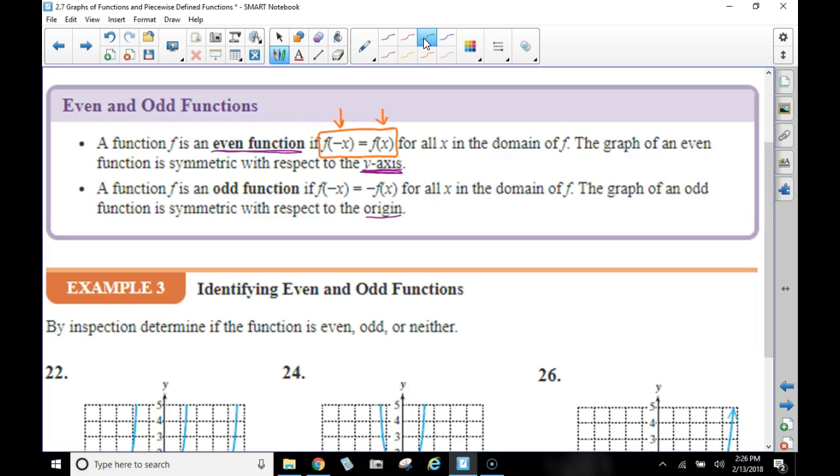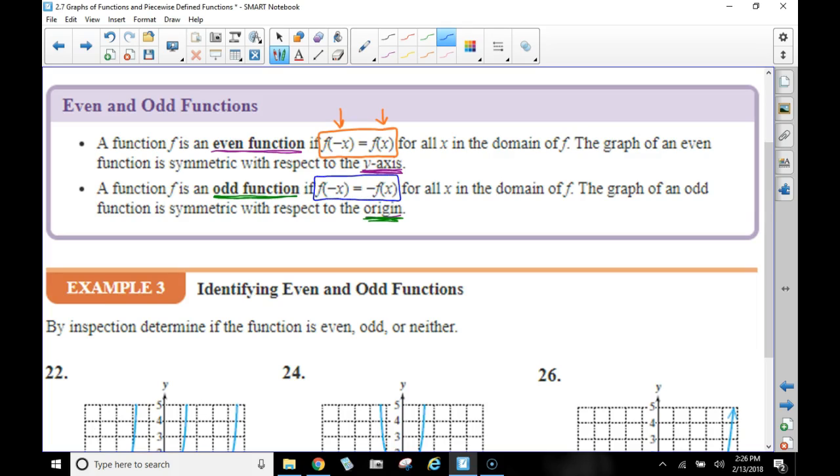Now, an odd function: we're going to call all functions that are symmetric about the origin odd functions. There is a test for this as well.